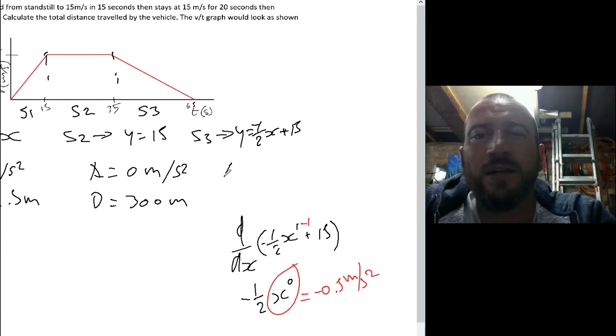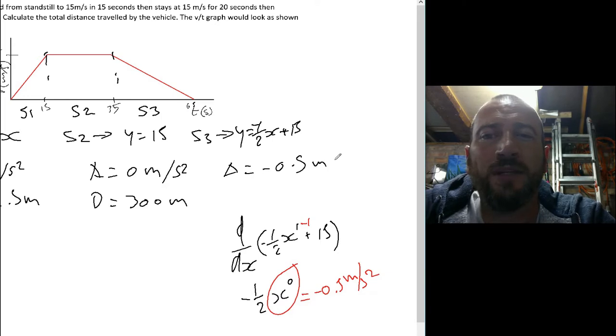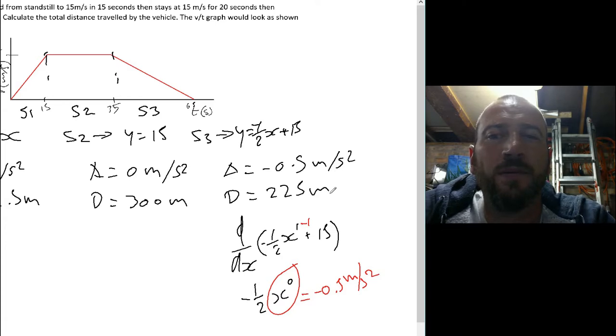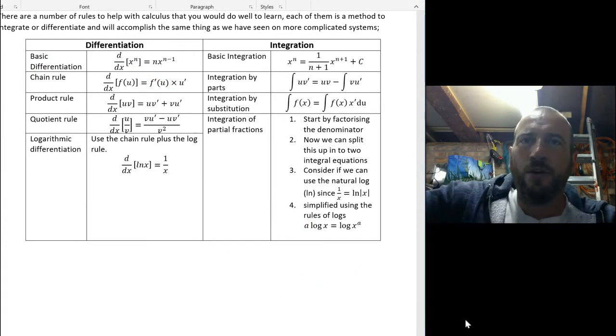So the acceleration for section 3 is equal to negative 0.5 meters per second squared, and the distance travelled is 225 meters. So these are some basic rules.